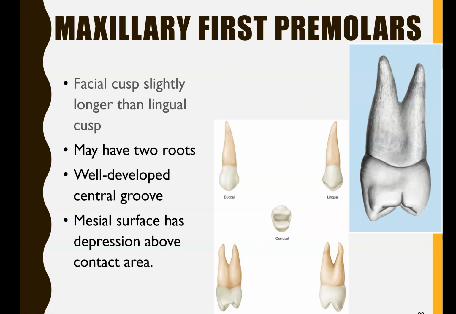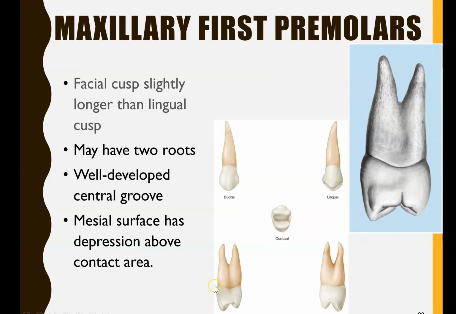Now let's see another way to figure out whether this is a first premolar or a second premolar. Let's look at the facial and lingual aspect, so the buccal and the lingual aspect. This is something interesting to note. With the first premolars, look at the cusp tip.